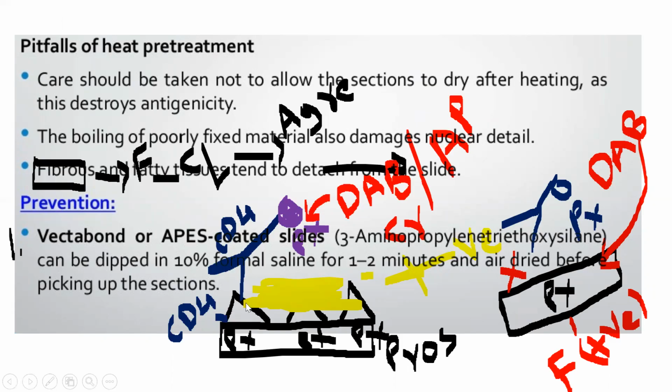The second problem is that there is one more protein on the tissue. Say, for example, the second antigen is CD4.5. Now I need only the CD4 antigen. I don't want involvement of the CD4.5 antigen in my test, but my antibodies may bind to CD4.5 also because of their similar resemblance.